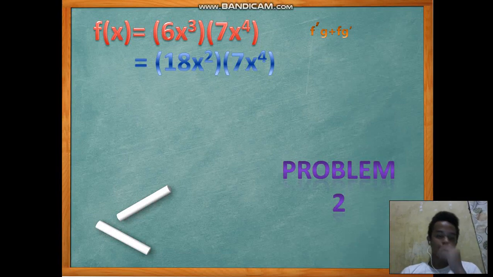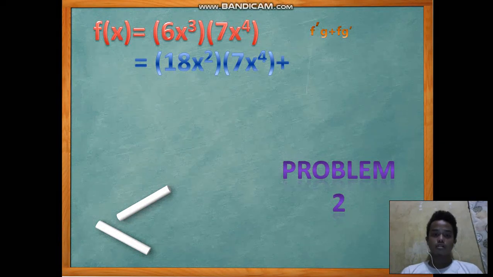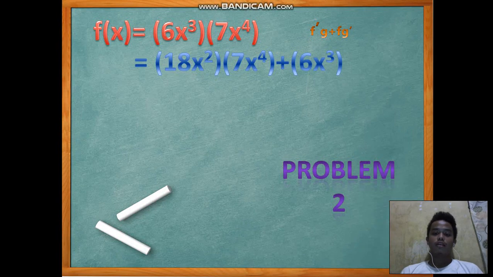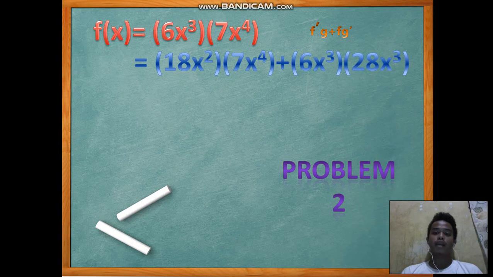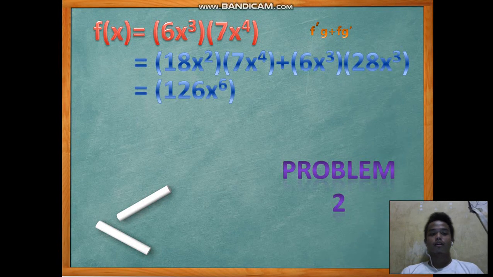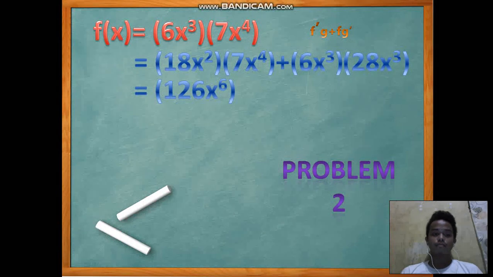Then to the following solution, 18x squared is the result of the derivative of our f function times the quantity of our g function, which is 7x to the fourth, plus the value of our f function, which is 6x cubed, times the derivative of our g function, which is 28x to the third. Then multiply by term.